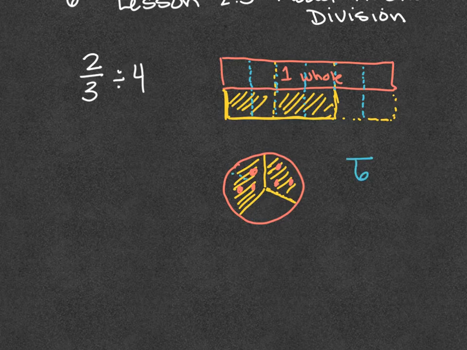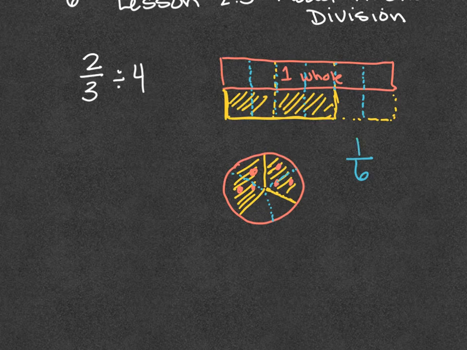Let's split that just so you can see. 4 people are sharing what's left, but we do want to find out of the whole how much that is. So we have 1, 2, 3, 4, 5, 6. We've recut the whole thing into 6 equal pieces. And those 4 people, each person is getting 1 of those 6 pieces that would have been in the original.